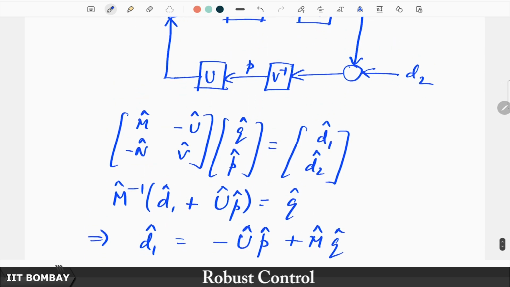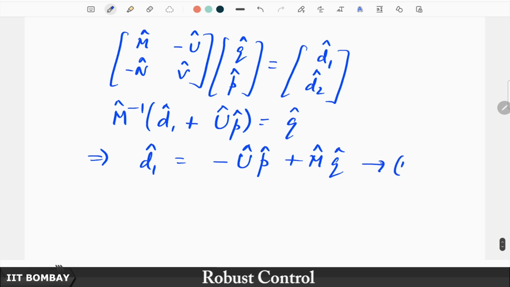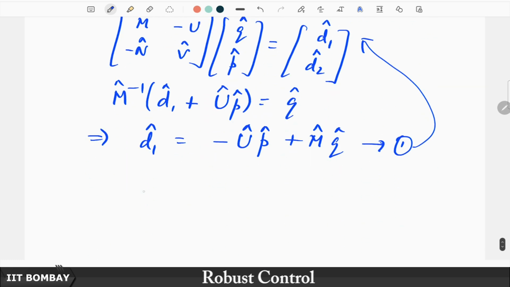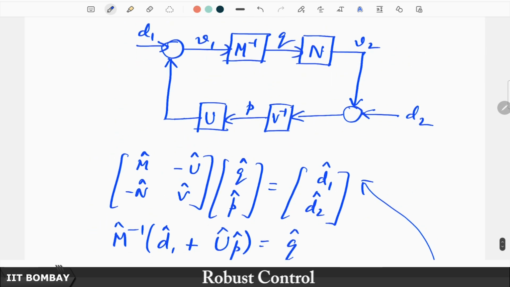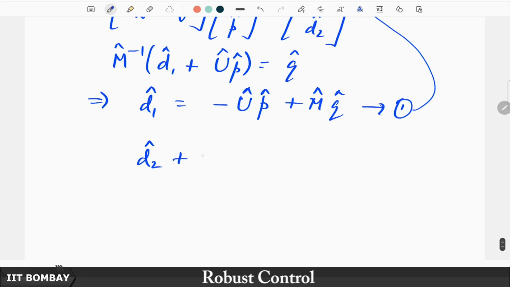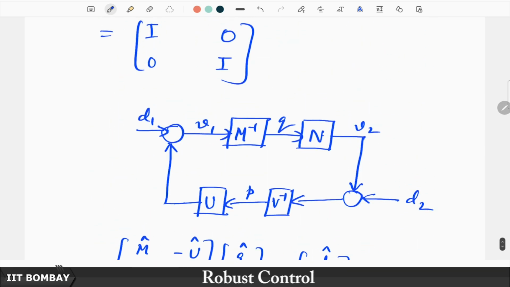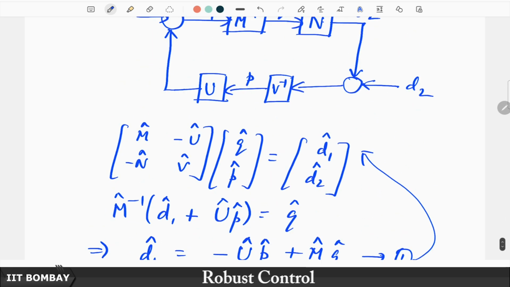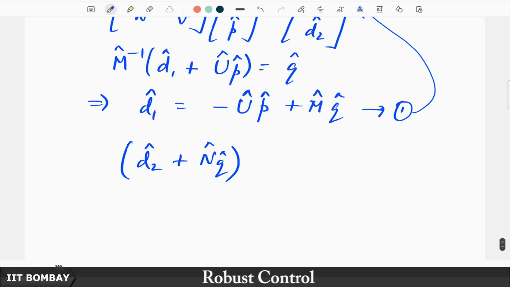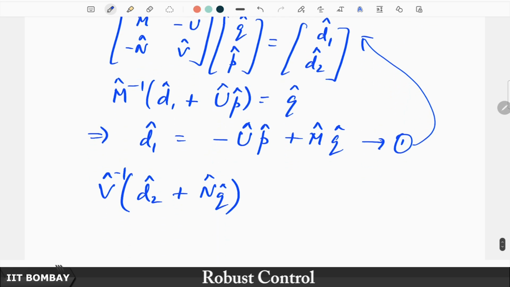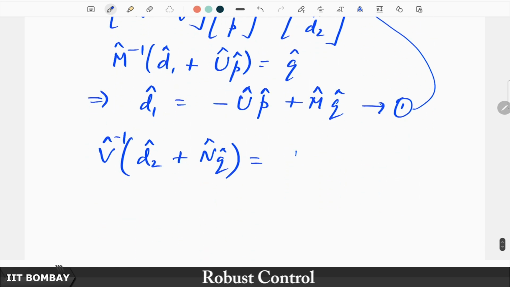Similarly, for the second equation also you can see that. If you want the second equation, you take d2 hat and added with it you get n times q, because after all v2 is nothing but n hat times q hat, that is v2 hat, and that whole thing when hit by a v hat inverse gives you p.